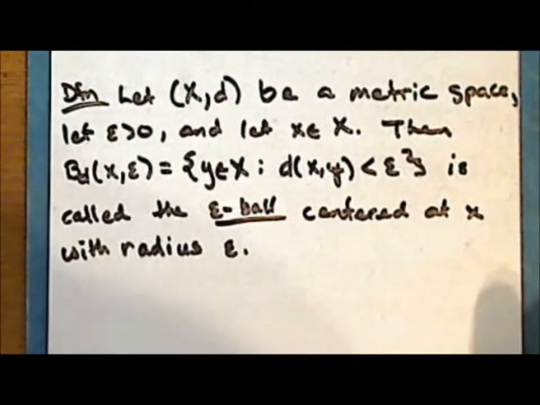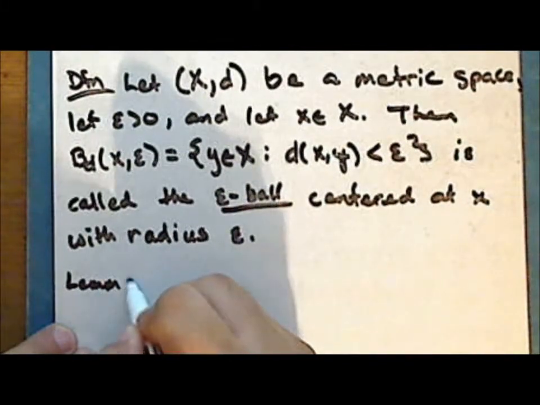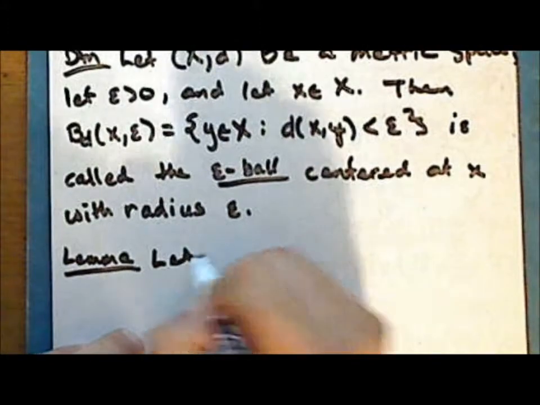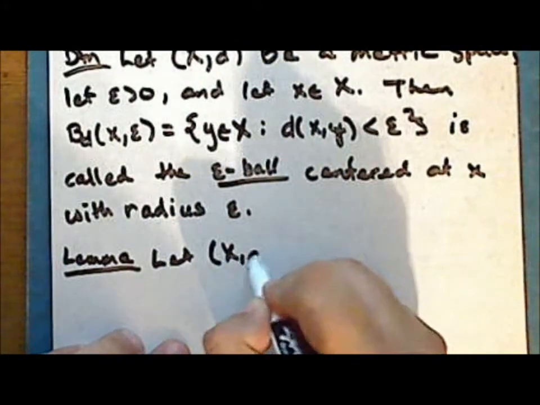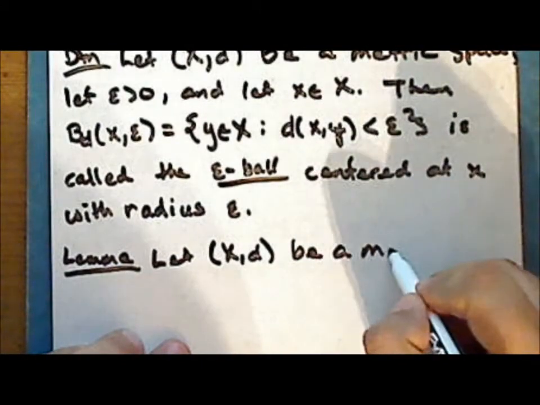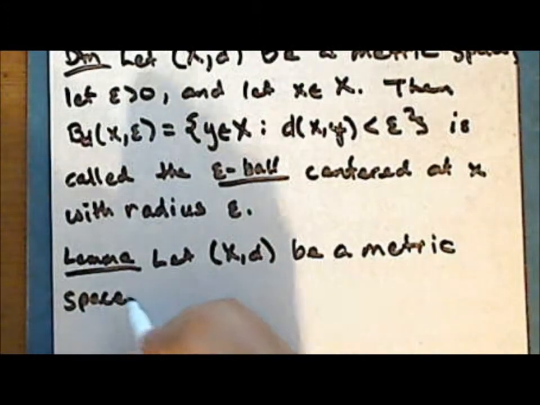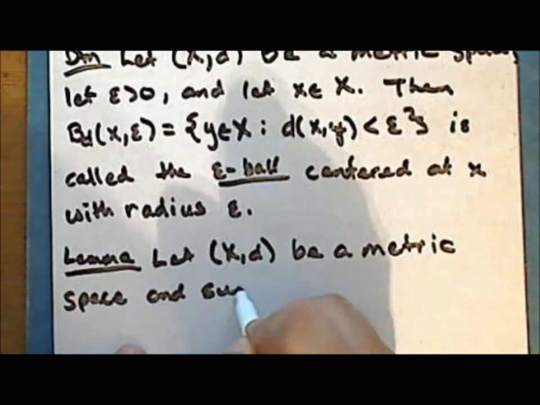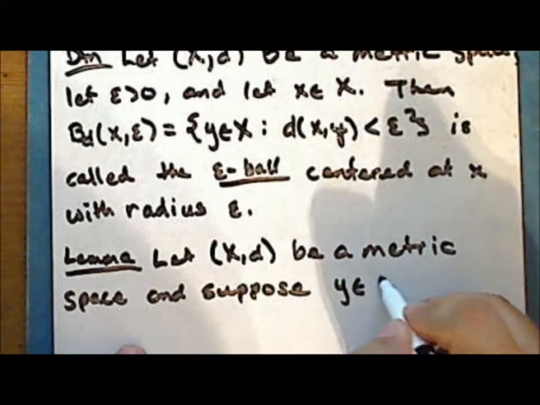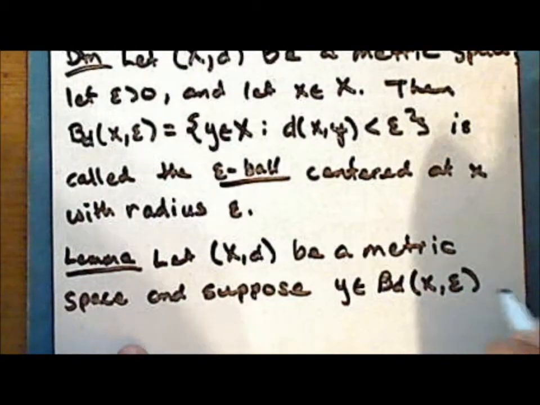Alright, so now we're going to prove a lemma. Once again, let X with some metric D be a metric space, and suppose that the point Y is in the epsilon ball centered at X with radius epsilon.